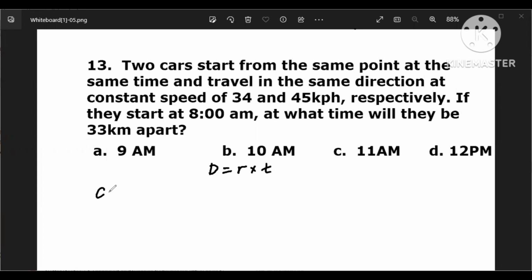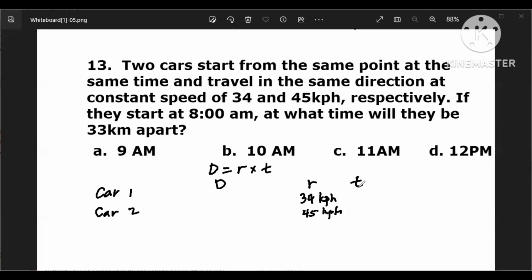Now, let's make a table, no? So, we have car 1 here and car 2 here. So, we have D, R, and T. Now, the rate of the first car is 34 kilometers per hour. And the rate of the second car is 45 kilometers per hour.